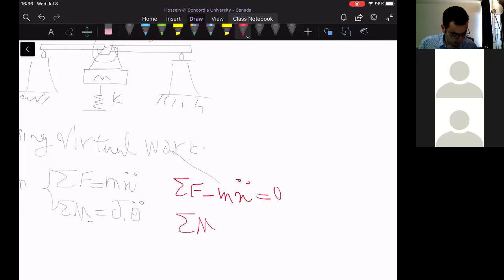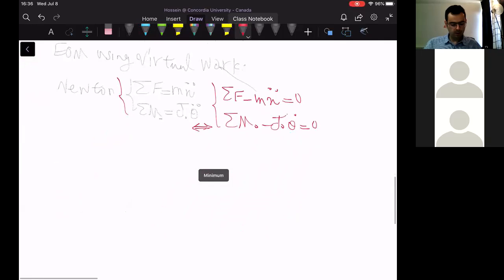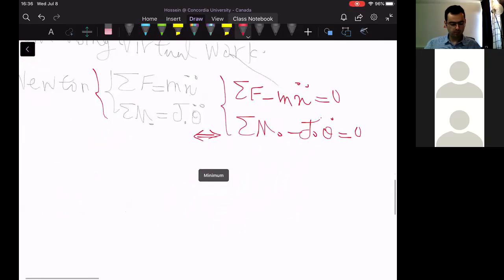Summation of moments minus J naught theta double dot is equal to 0. It's D'Alembert's law, which gives equivalent formulas. By taking advantage of D'Alembert's law, we can develop the principle of virtual work.